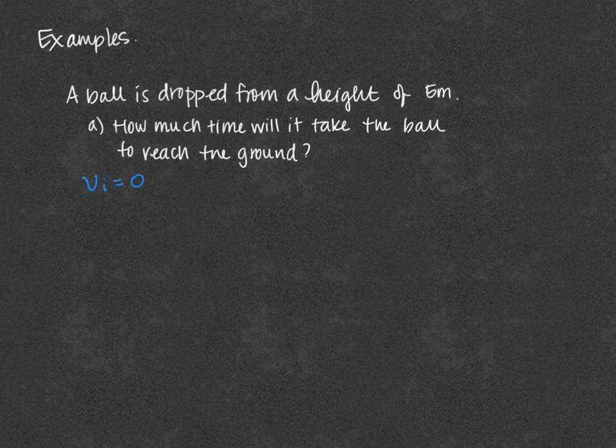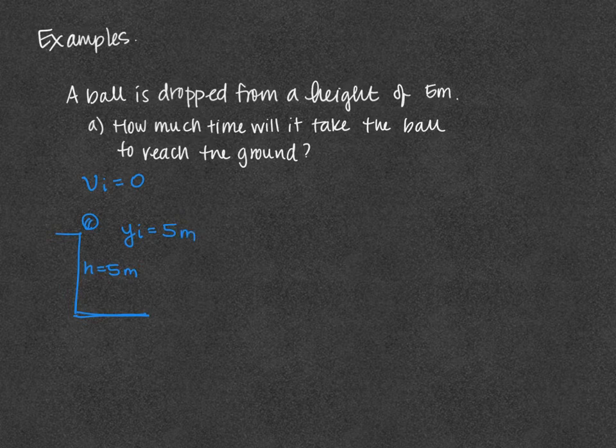So imagine that we have this height of 5 meters, and our object is going to be here, and it's going to be dropped, and it's going to fall down here. So let's let our initial position, our y initial, be 5 meters, and our y final be 0, the ground.